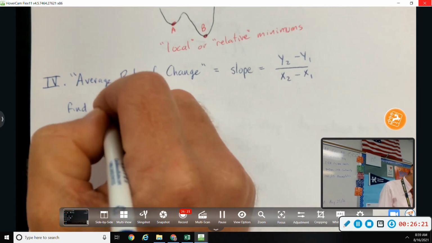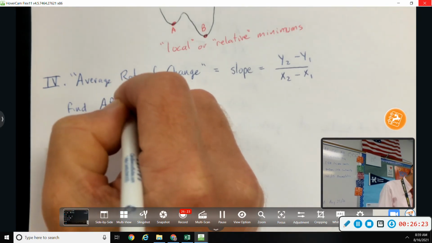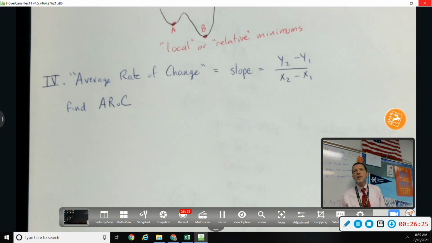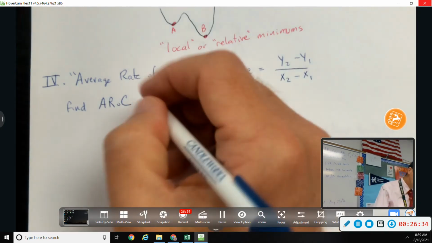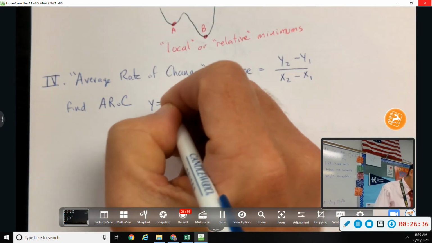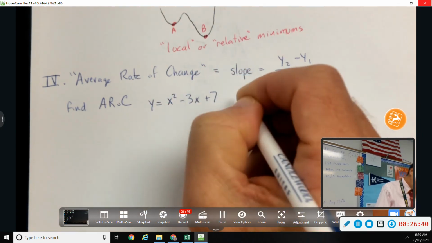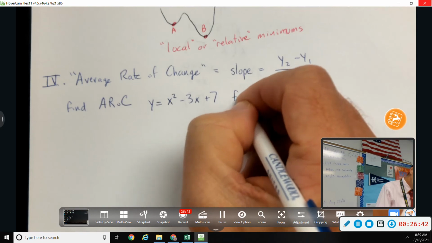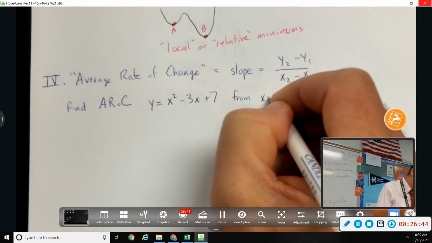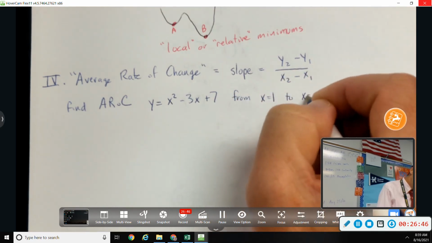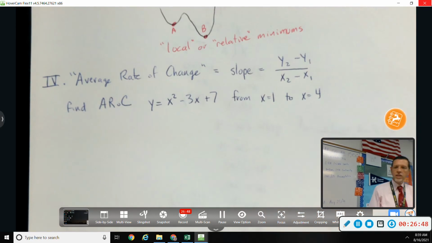So let's find the average rate of change, an abbreviation we like to use in calculus, because in calculus we'll also have an instantaneous rate of change, and so we keep them separate. Average rate of change for y equals x squared minus 3x plus 7 from x equals 1 to x equals 4.